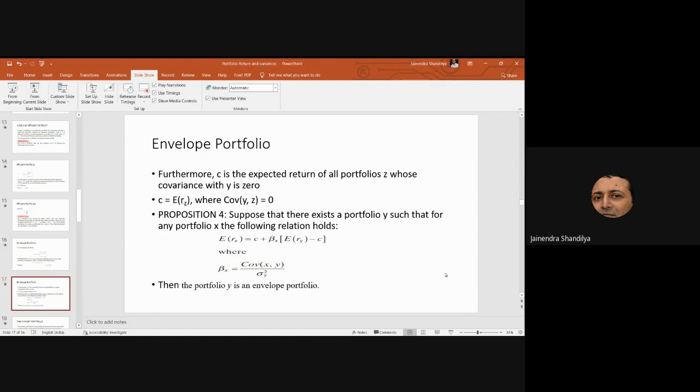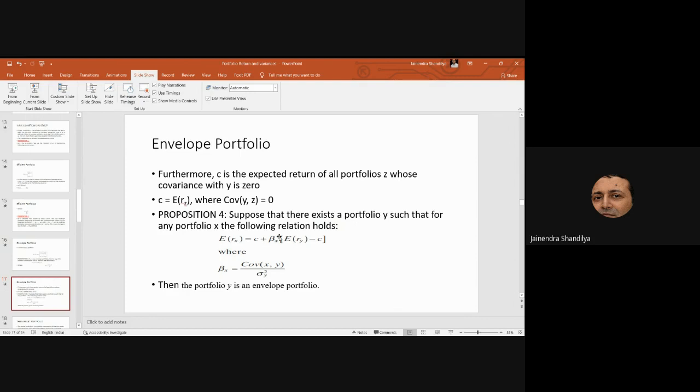Because if it varies with any other portfolio, it means when the market is down, your fixed rate is also down, and then you cannot have a fixed frontier or a fixed capital market line. So that's why it is important to be sure that the covariance of this C with Y is 0.